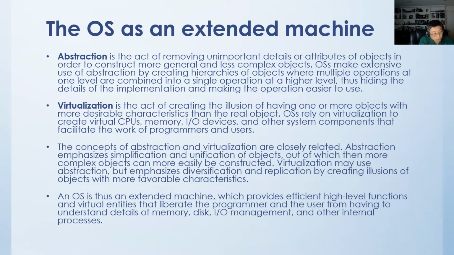Now, from the user perspective, an operating system is viewed as an extended machine. It actually does this through two techniques. One is abstraction. The other one is virtualization. Now, what is abstraction? Take a look at the example.